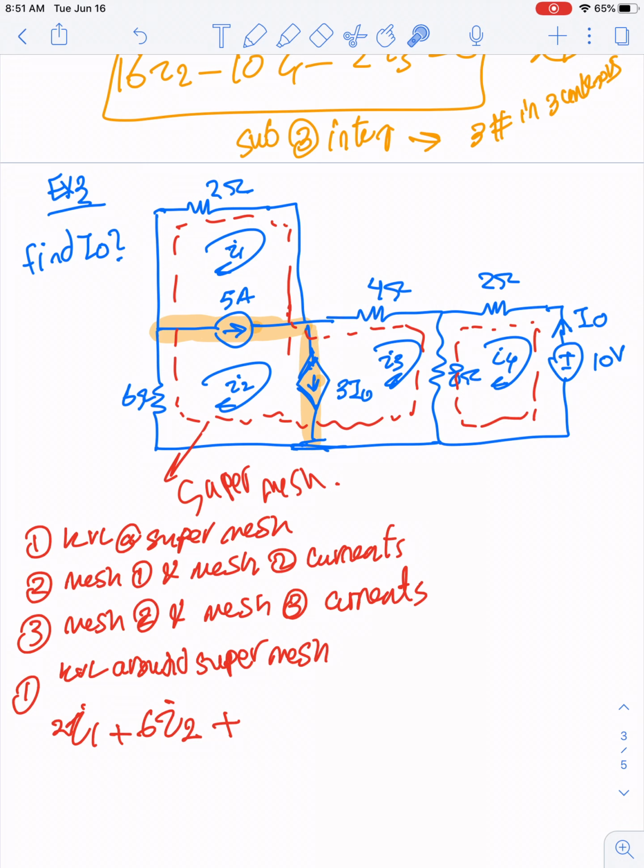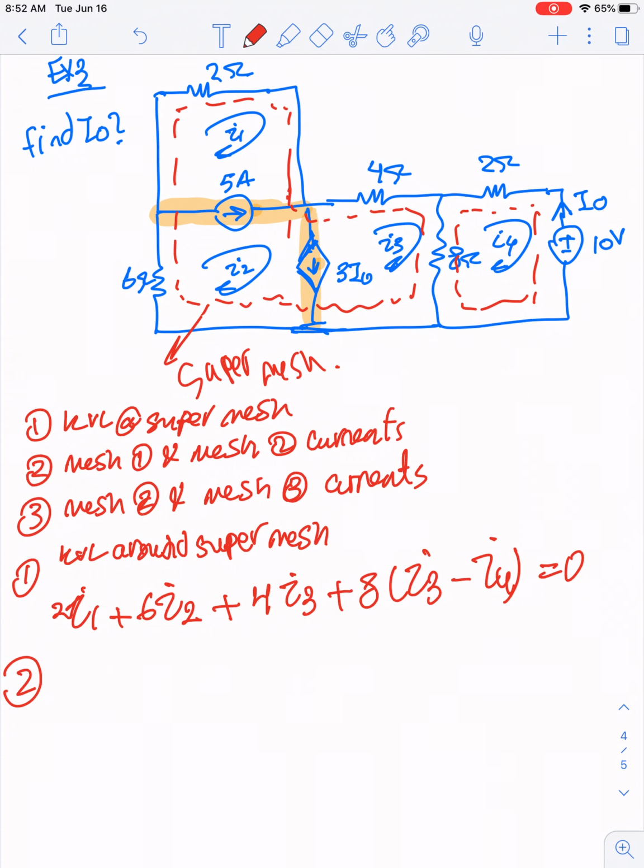So this one is 4 I3, and the last one here in this loop is this one, which is 8, and it has two common currents, I4 and I3. So I will write it plus 8 I3 minus I4, and all that thing is equal to 0. So this is the first equation.